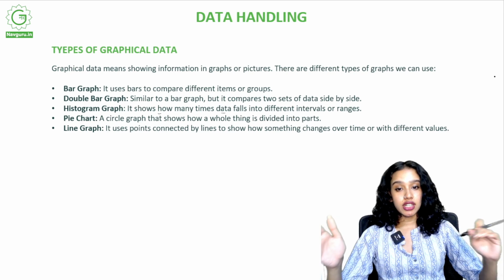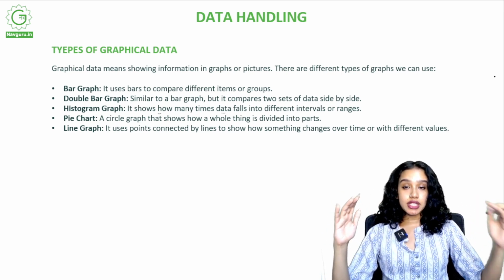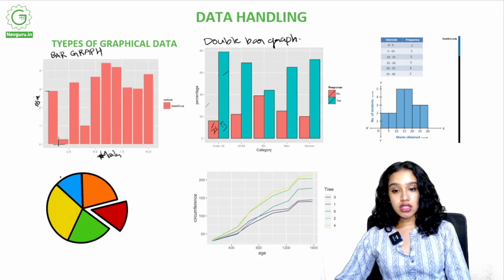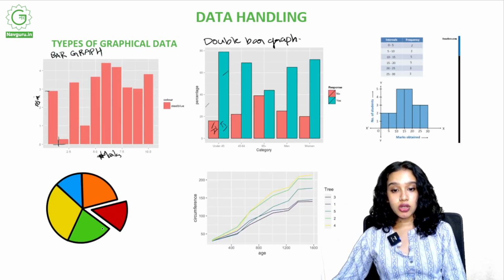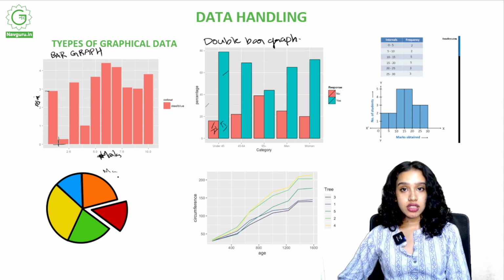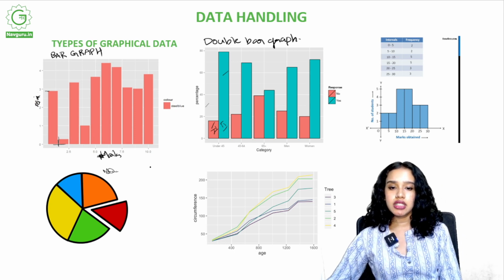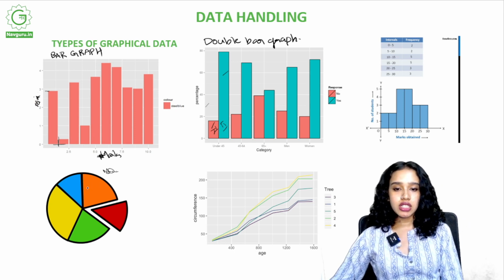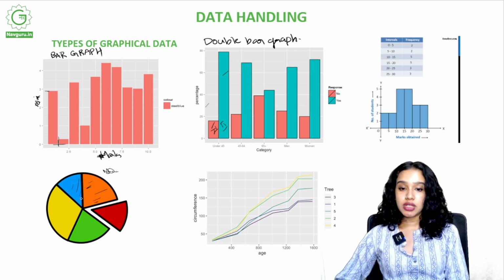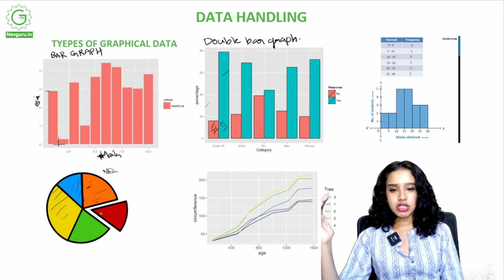Now we have the pie chart. A pie chart is a circle graph that shows a whole thing which is divided into parts. Now, if I'm saying this whole is the marks obtained by students, or this is supposed to be the dishes served in a ceremony, we could say this much of the dish was appetizers, this was desserts and this was main course, and we could put everything.